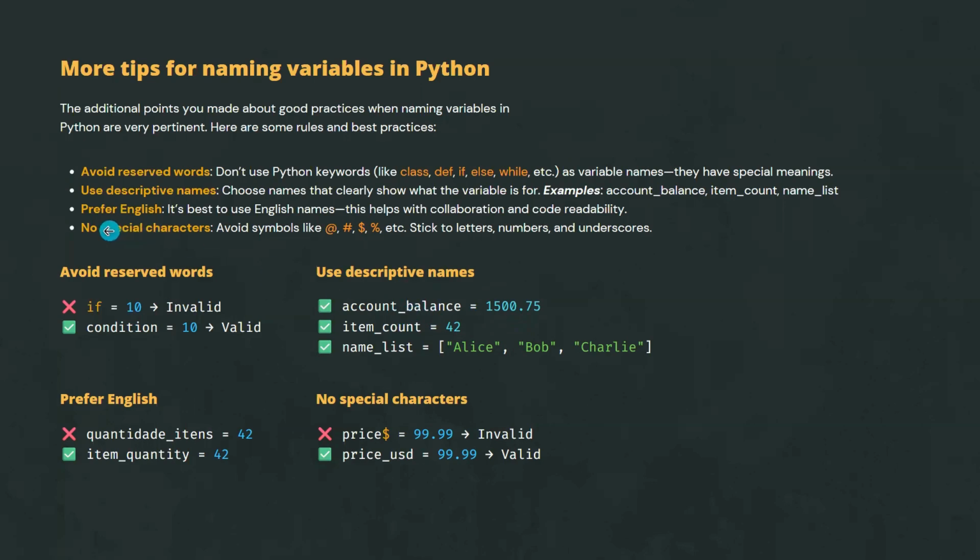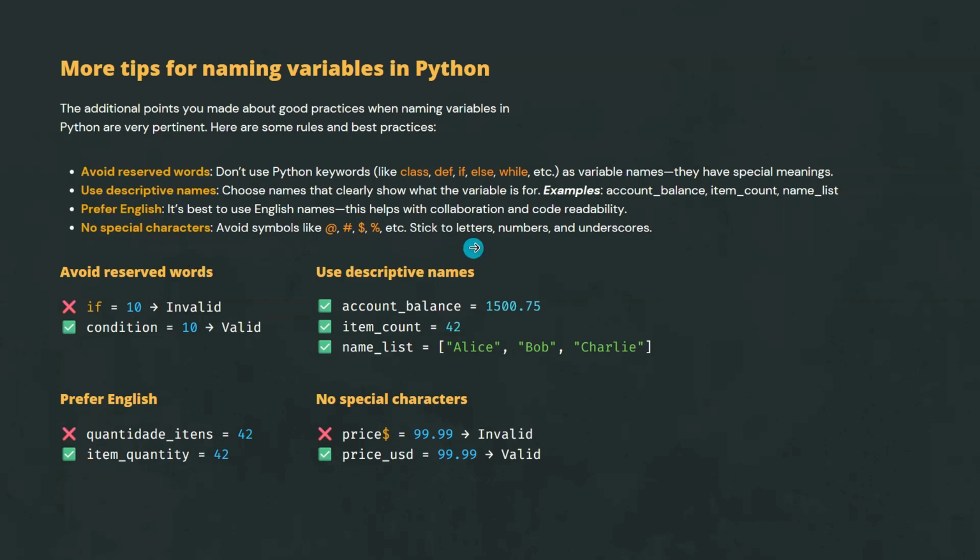And also always try to stick with English, because even if you're comfortable in another language, English makes it easier for others to collaborate with you. And don't use any special characters, especially symbols like at the rate, hashtag, dollar, percentage.